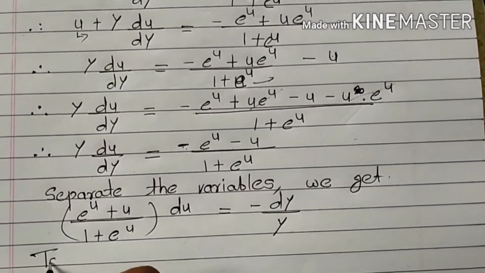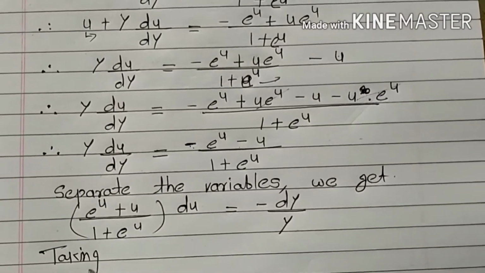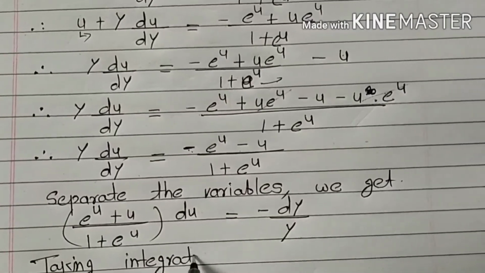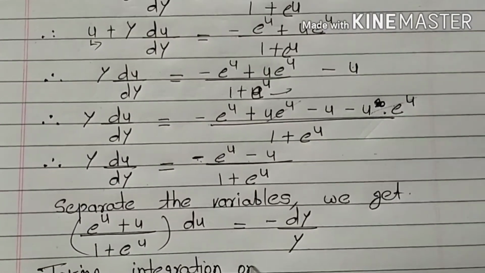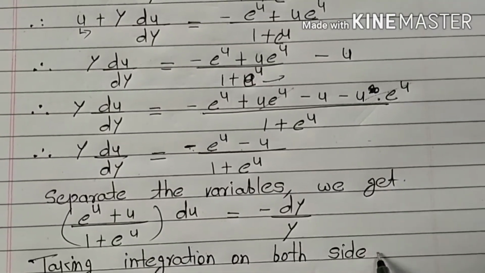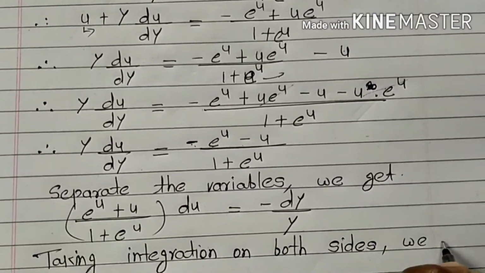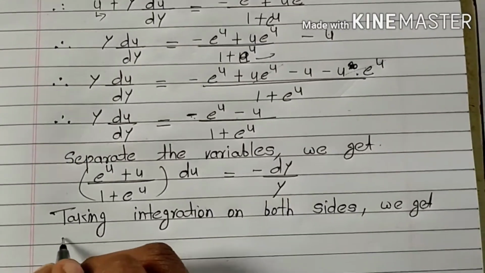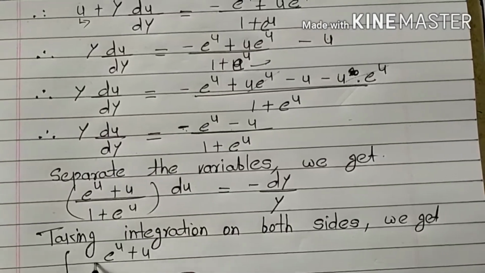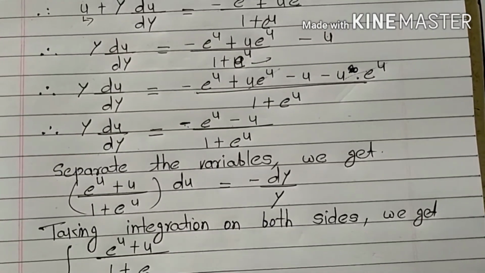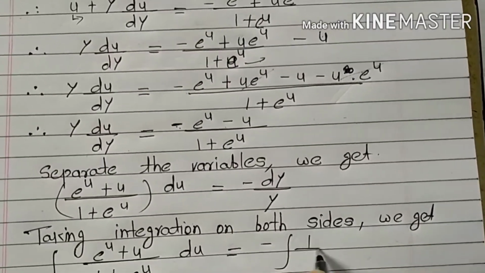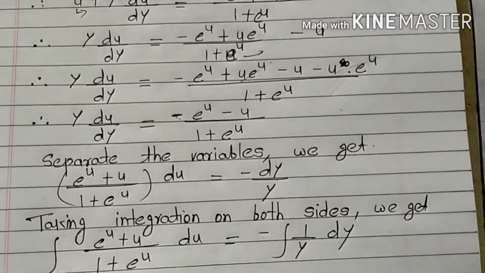Now taking integration on both sides. So it is integration of e raised to u plus u upon 1 plus e raised to u du, which is equal to minus integration of 1 upon y dy. Okay.